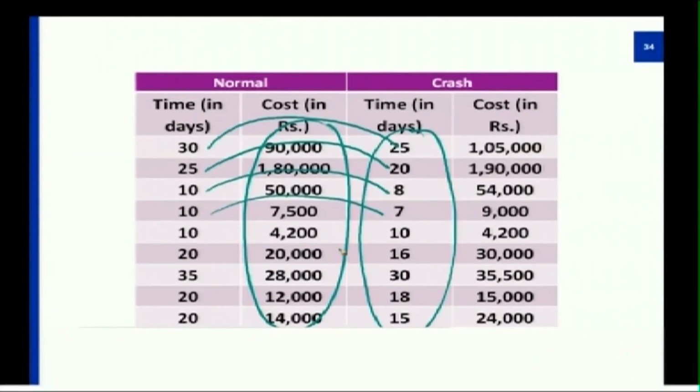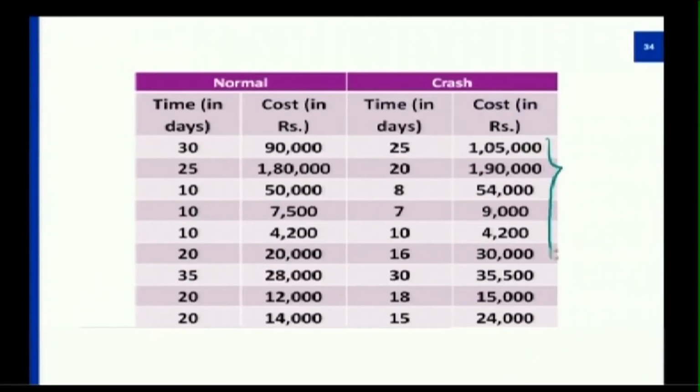Likewise, certain other activities can also be crashed. If such is the case, what is the crash time that is required? This is a simple calculation that we have seen as part of network analysis diagram and project management.